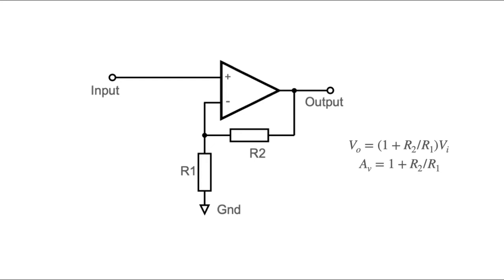The positive terminal is connected to the input, and the negative terminal is connected to the output, but it has the resistors R1 and R2 connected in parallel and grounded. The output voltage equals the input voltage times the gain, which is 1 plus R2 over R1.